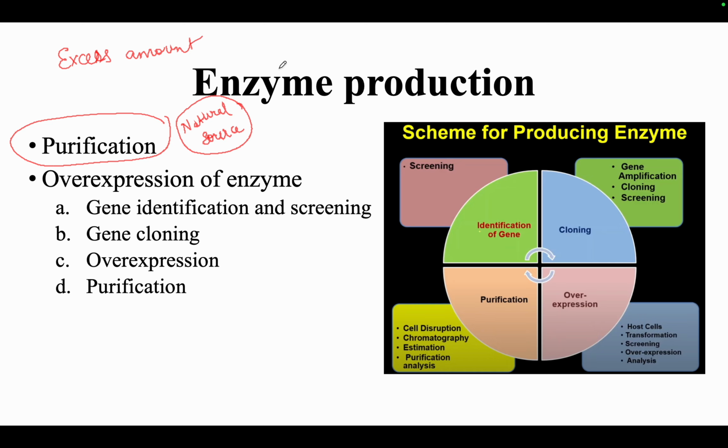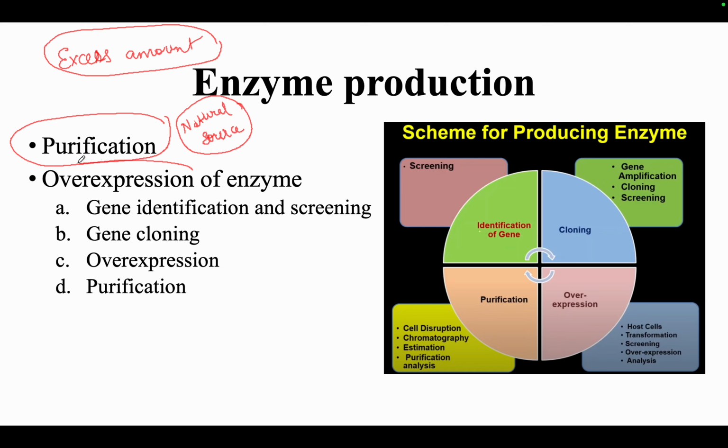If we don't overexpress, we need to isolate the enzyme from the natural source multiple times, and that's the limitation. But if we overexpress the enzyme, we'll have a large amount of enzyme which could be used for different analyses or other downstream applications.